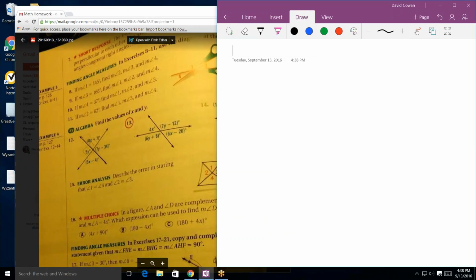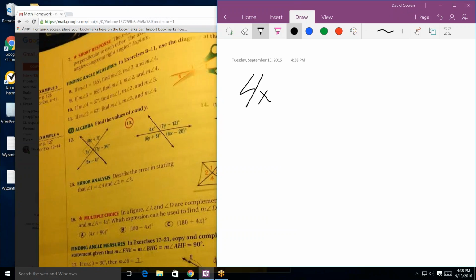Solve for x. We'll take one variable at a time. Notice one thing first. I could write the following equation, correct? Is that a correct equation?